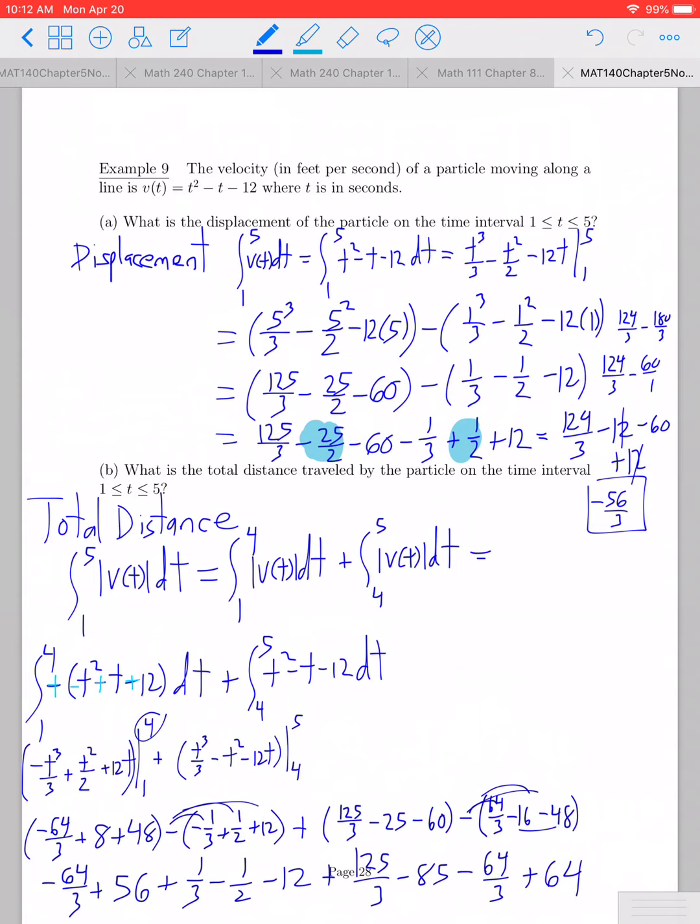Let's now go ahead and combine all of our like terms. For the whole numbers, we have 56, negative 12, negative 85, and 64. 56 minus 12 minus 85 plus 64 would give us 23.